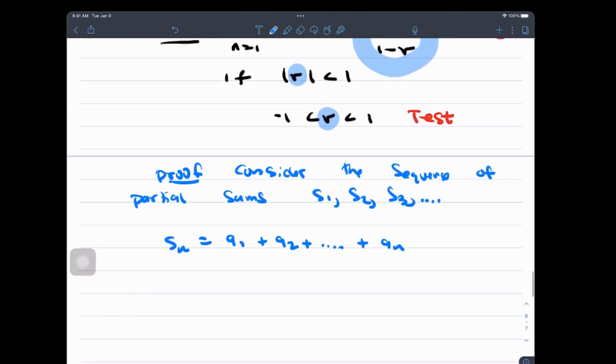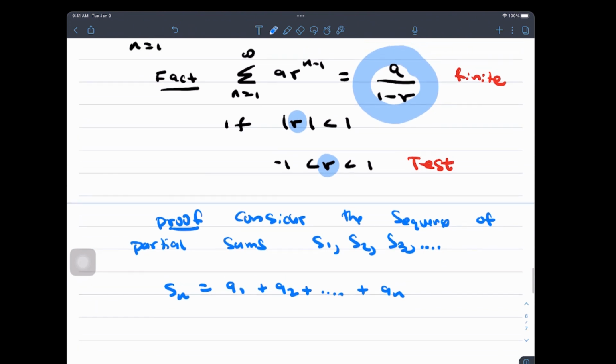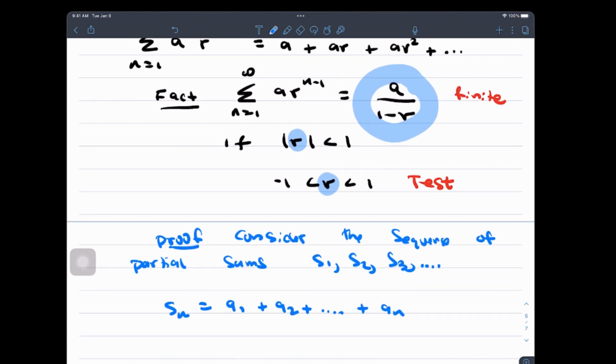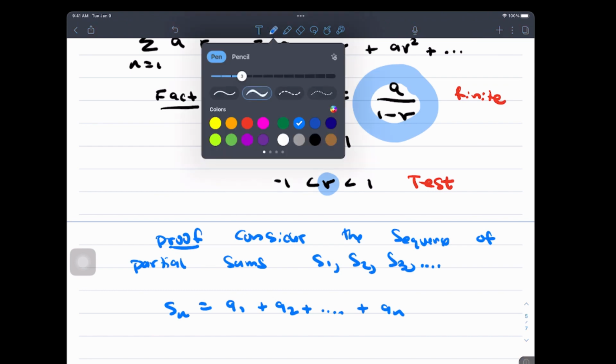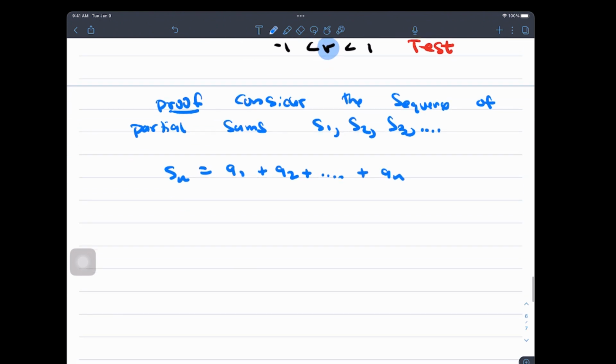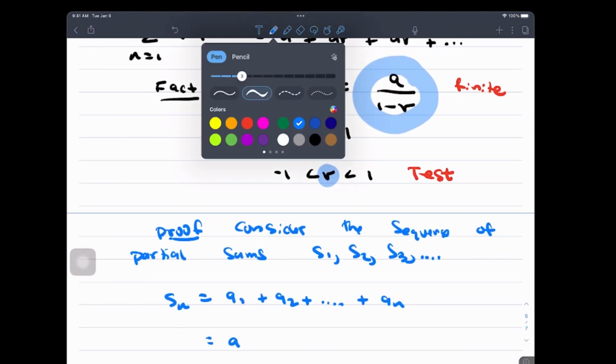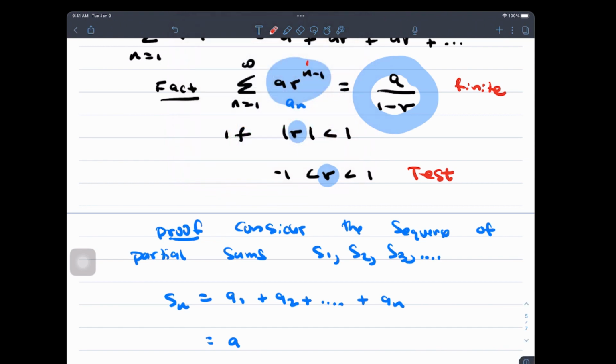Okay? That's the nth term. Now, what is this particular sequence? So here's the sequence right in here. What this looks like for us is going to be this. Remember what happens when n is 1 here? If n is 1, isn't that r to the... let's write out every term.